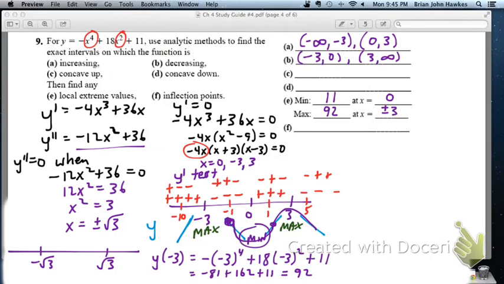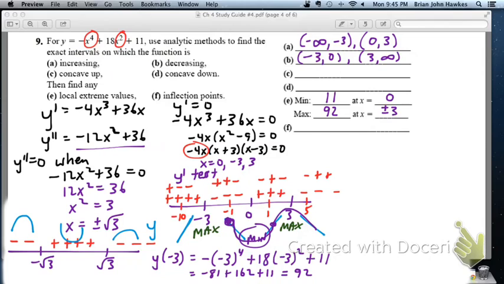So I'll let you do the math on this. To the left of negative radical 3, f double prime is negative. In between the two critical points, f double prime is positive, and to the right of radical 3, f double prime is negative. So therefore, the shape of the function y would be concave down, then concave up, then concave down.